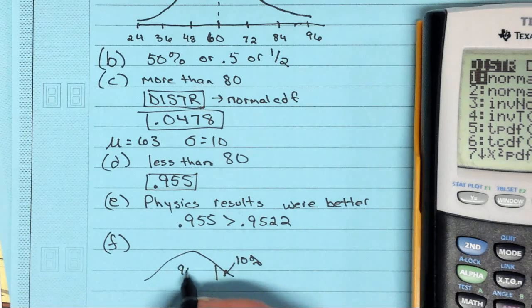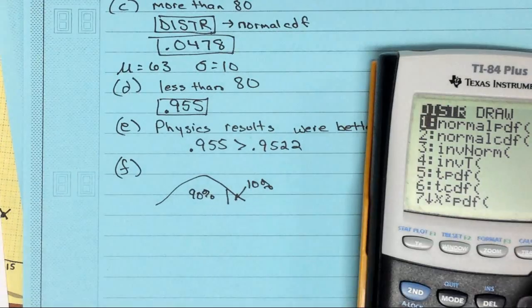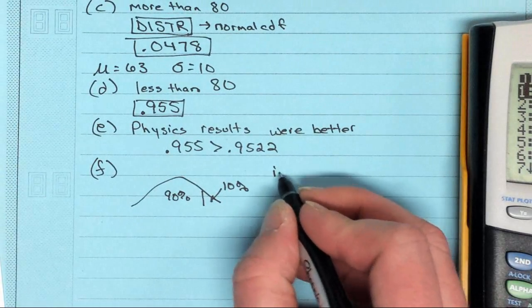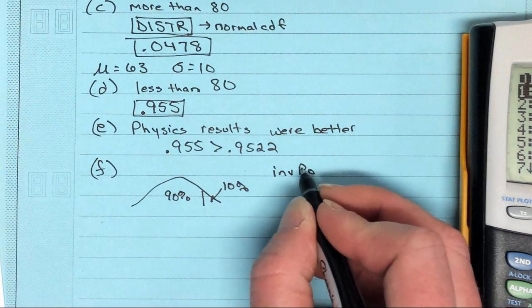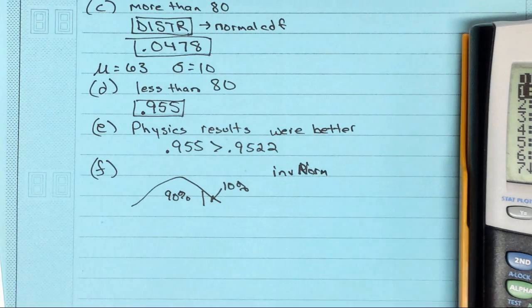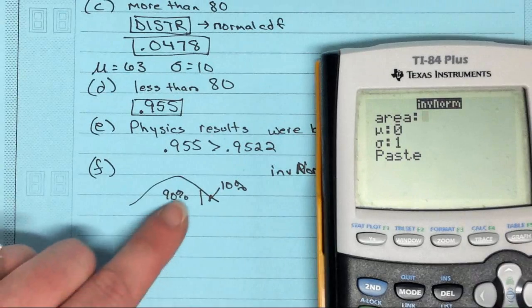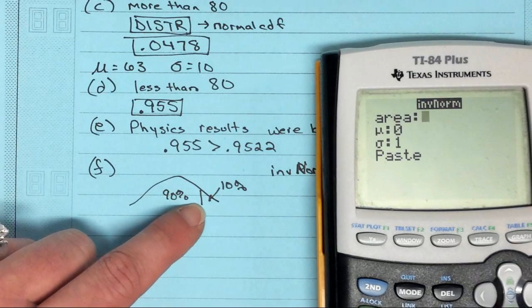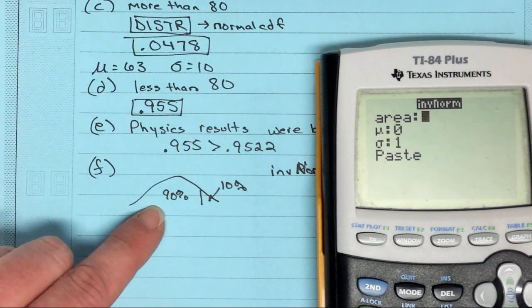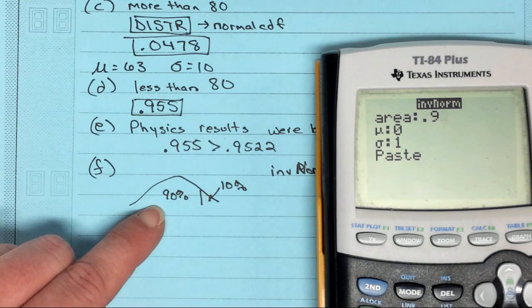And 90% would be below, right? This one is inverse norm. What's the area to the left of what we want? 90% would be 0.9. The mean is 63.